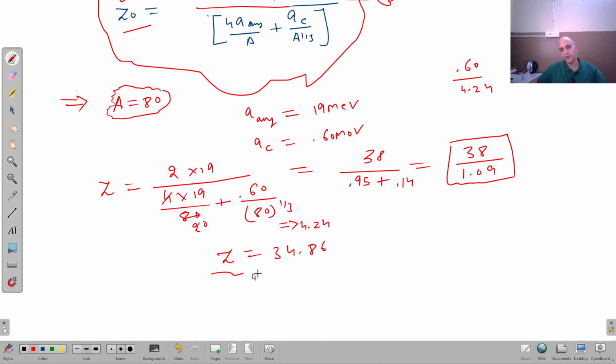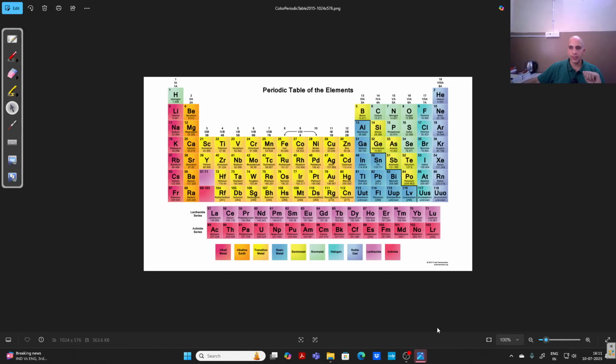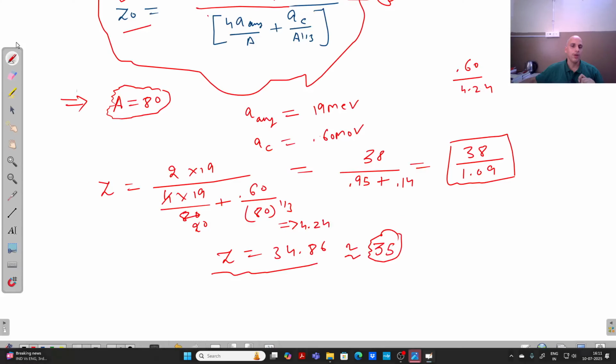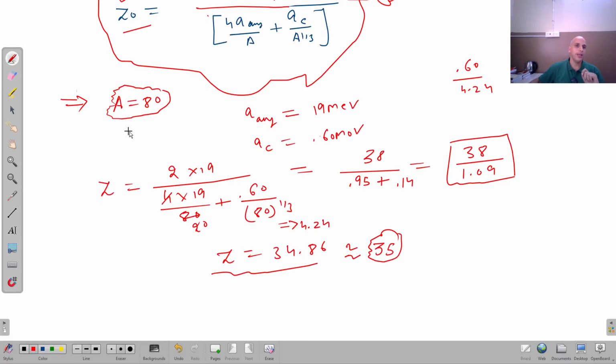So Z is equal to 34.86. This is more than 34, but very close to 35, so we can say 35 is the most stable. Looking at the periodic table again, 35 is bromine. So this isotope of bromine with mass number 80 is the most stable isobar for this given mass number 80.